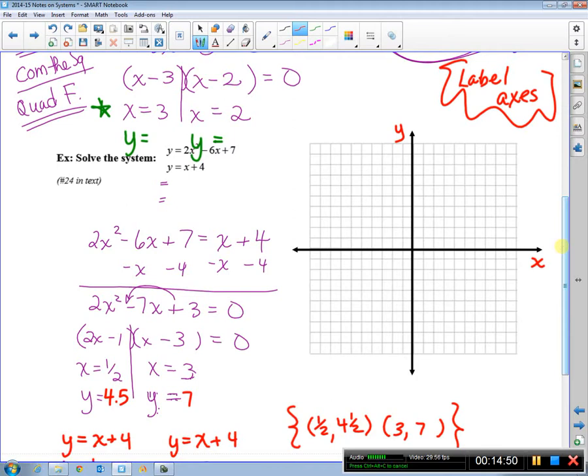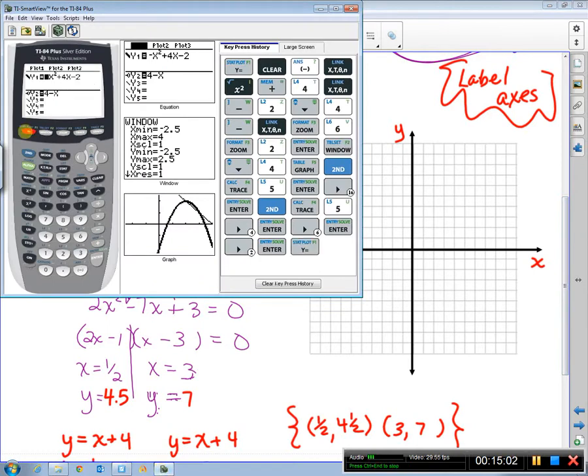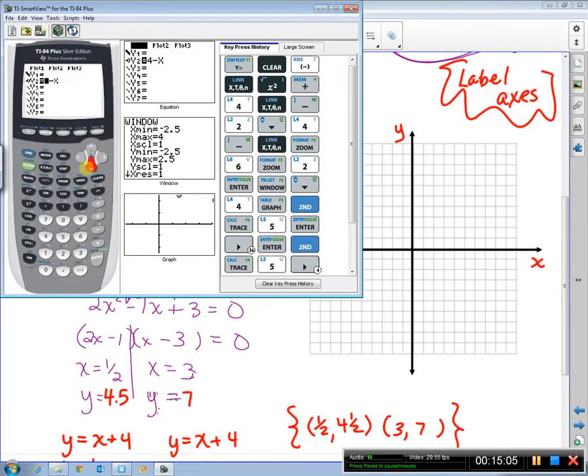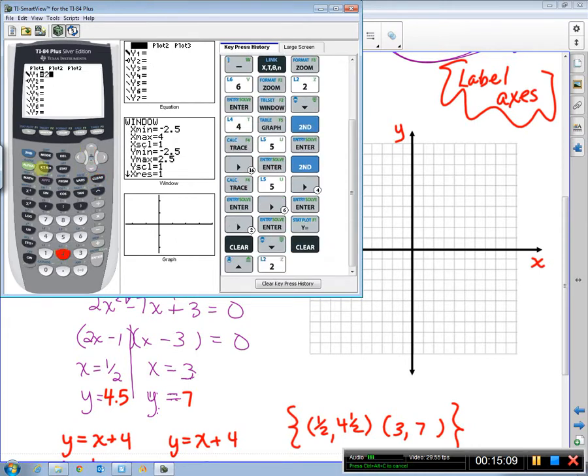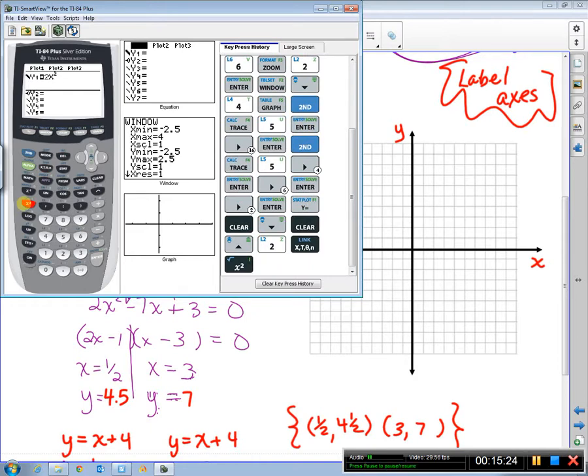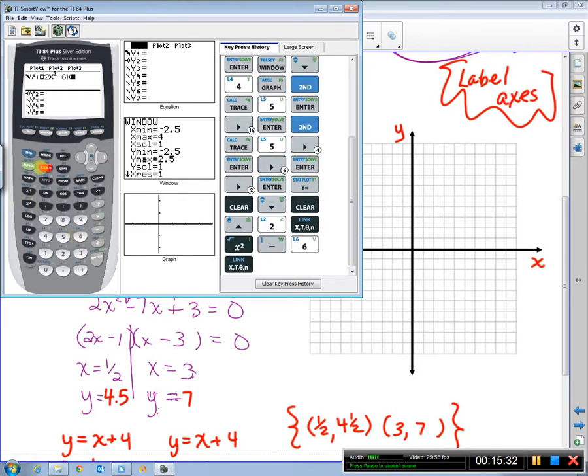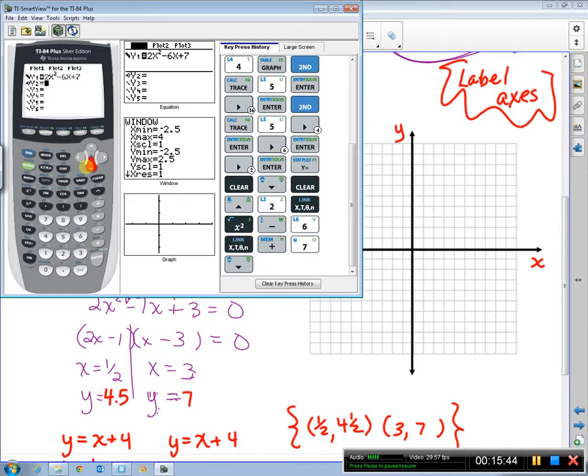So let's see, if I put into my calculator, and I'm just going to do this on the side, y equals 2x squared minus 6x plus 7 and y equals x plus 4.